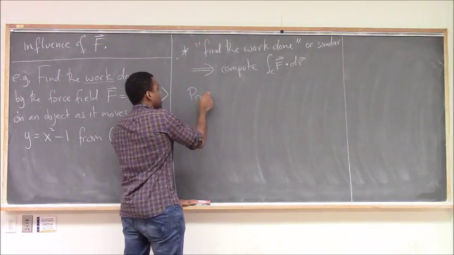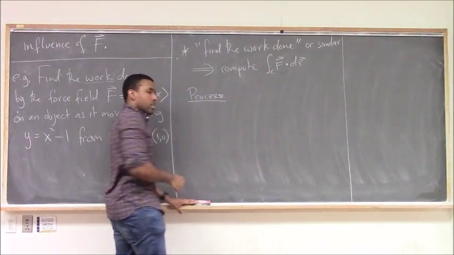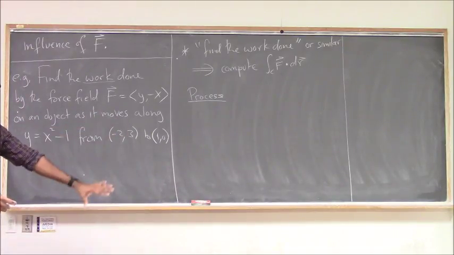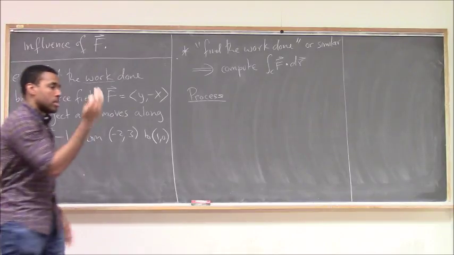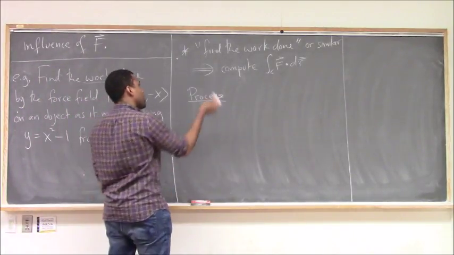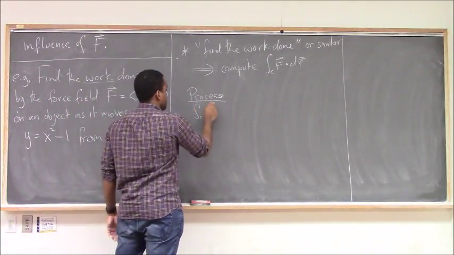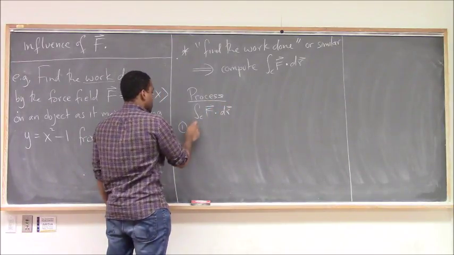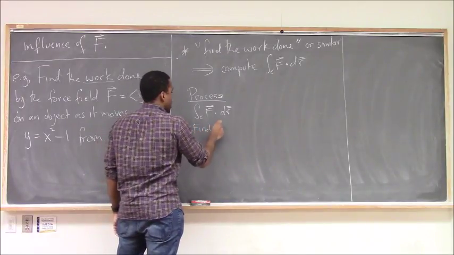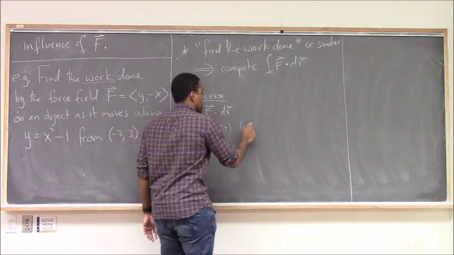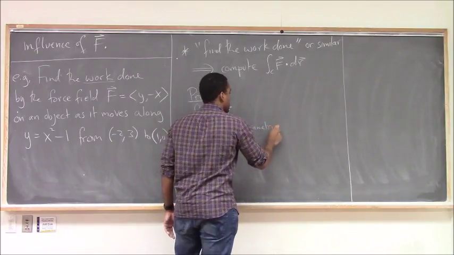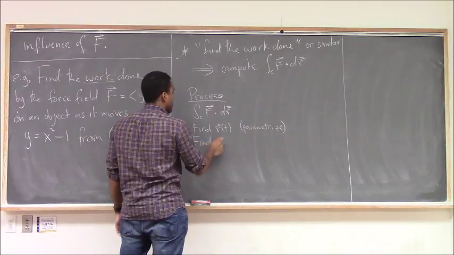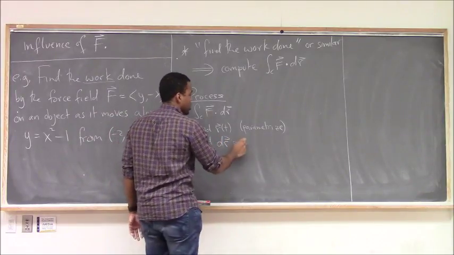Let me just mention the process here. Because we're going to be doing so many different kinds of integrals, you really should have the process laid out for every kind of integral, just like writing down the steps like I did the first time. To compute that, first you find your r, meaning you parameterize. Find your dr, which is just r prime.